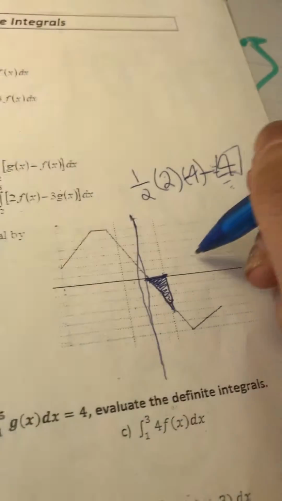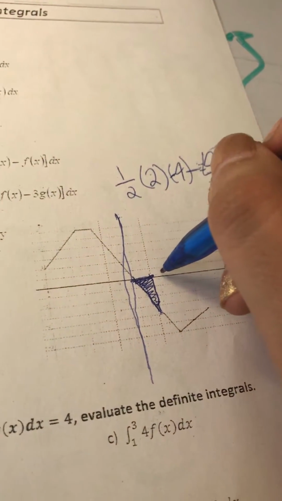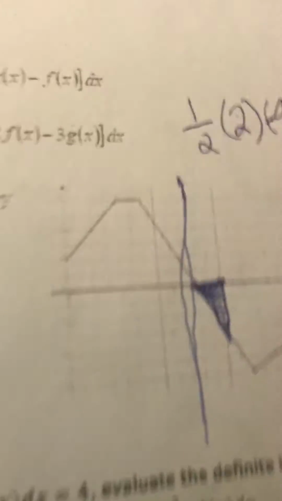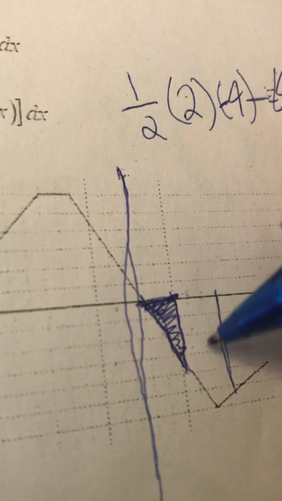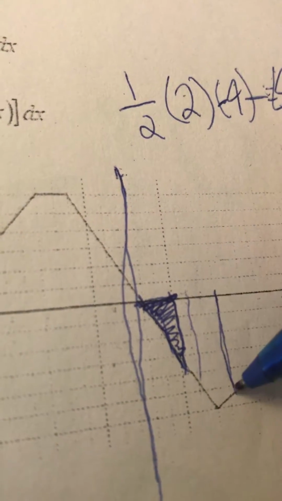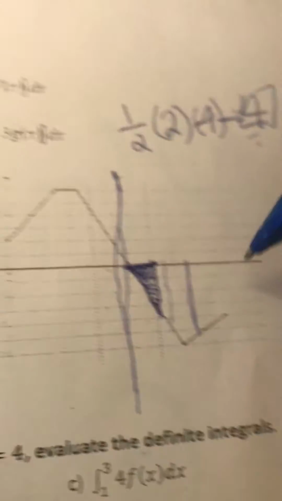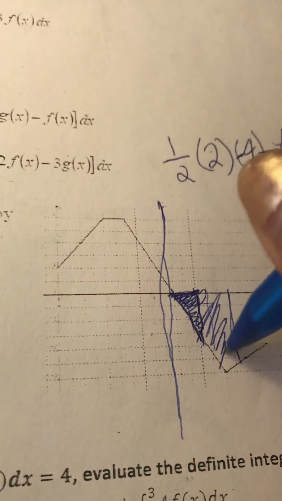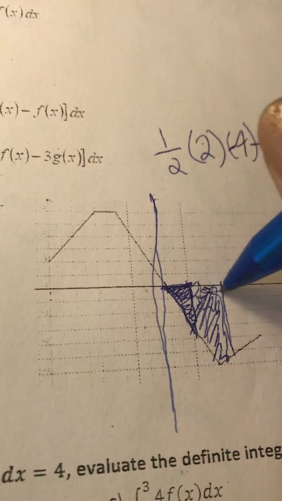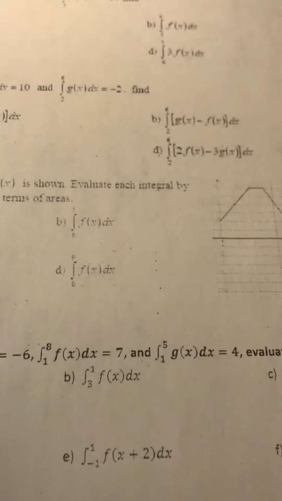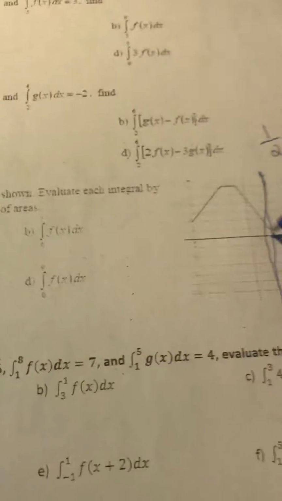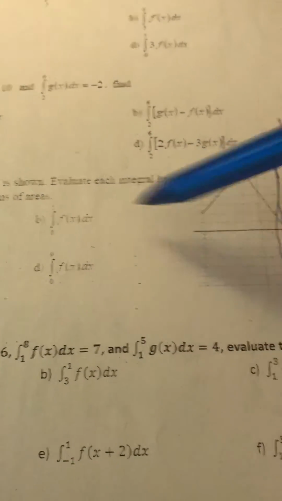Okay, from 0 to 5, 3, 4, 5. So we have another shape, and again, all you're going to do is find the area of this whole region. I'm not sure what shape that is, and my units are off because she gave us different units, but just remember, you're basically just going to find the area of whatever shape.